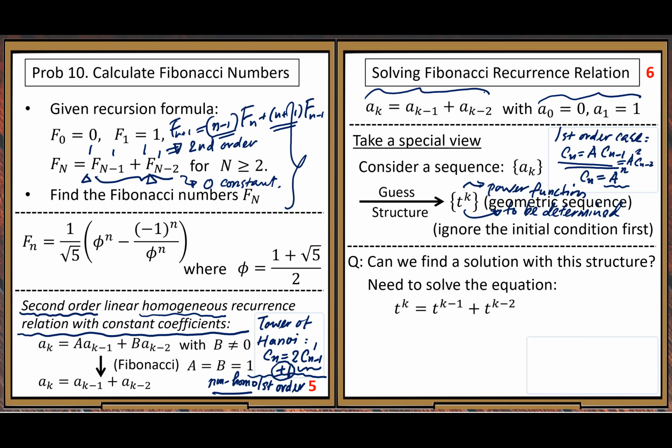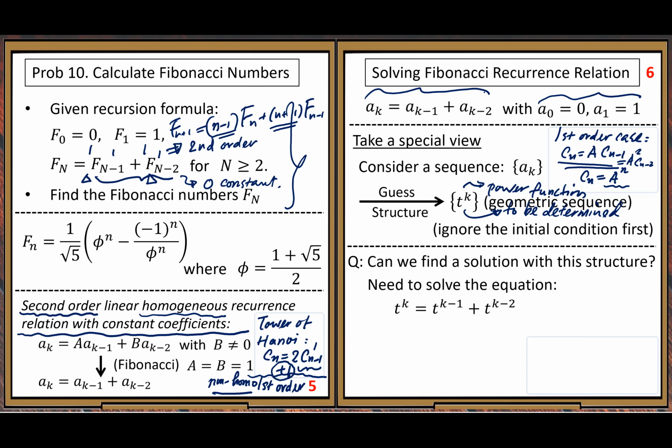So let's plug in. Left-hand side, a sub k, based on our assumption, should be t to the kth. Similarly, a sub k minus 1 is t to the k minus 1, and so on.